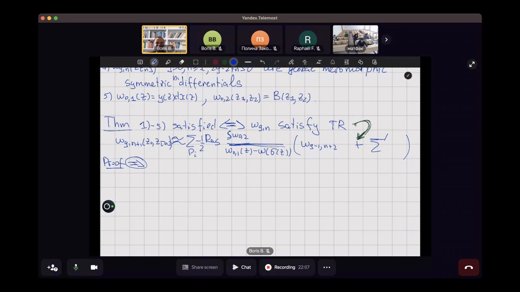I will need a few consequences of these notations. Say if we have two one forms lambda and mu, then we have the following, that lambda of z times mu of z plus this guy, okay, is just 1/2 of delta lambda delta mu plus S lambda S mu.